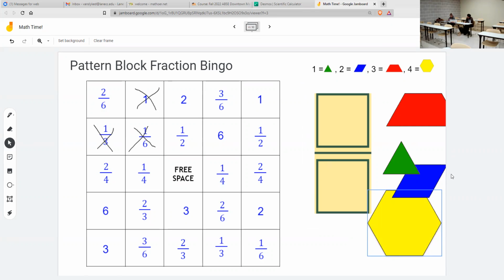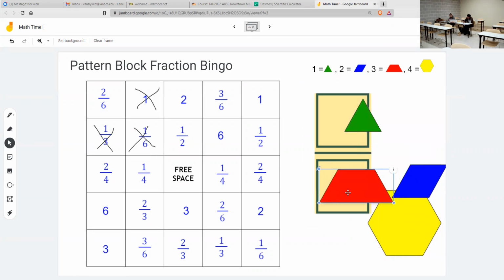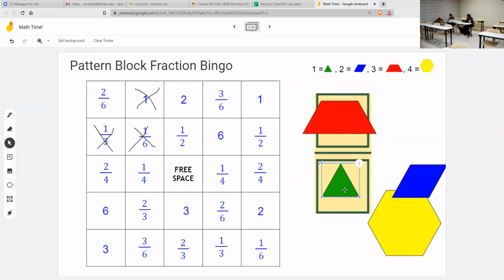One-third. So a green and a red, that would be 1/3. Or if I flip it, what would I get? 3/1. So we could do 3 or 1/3.